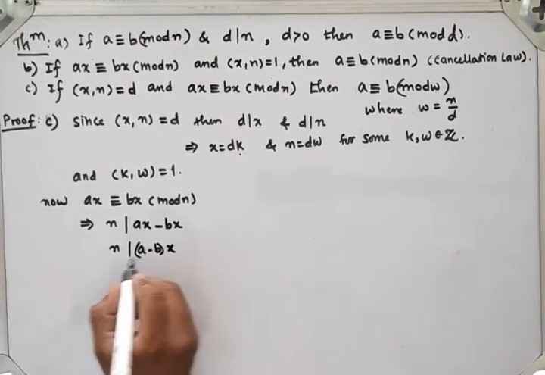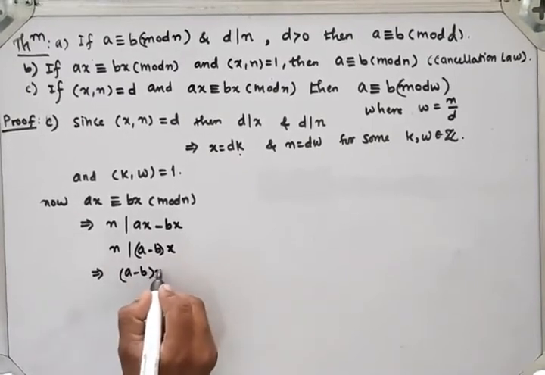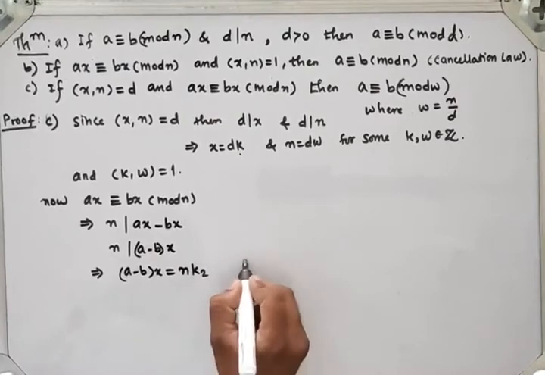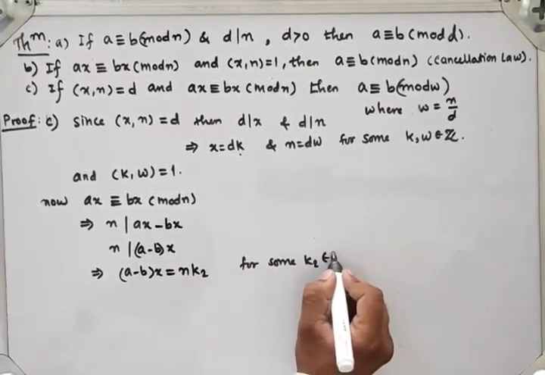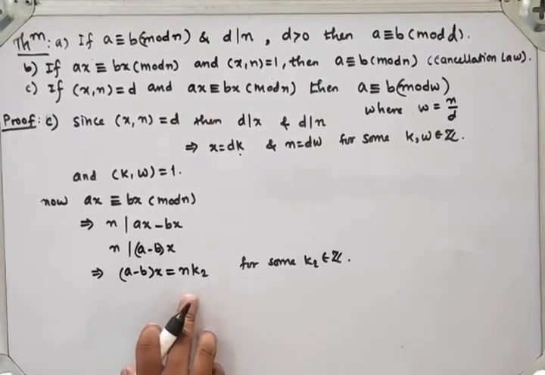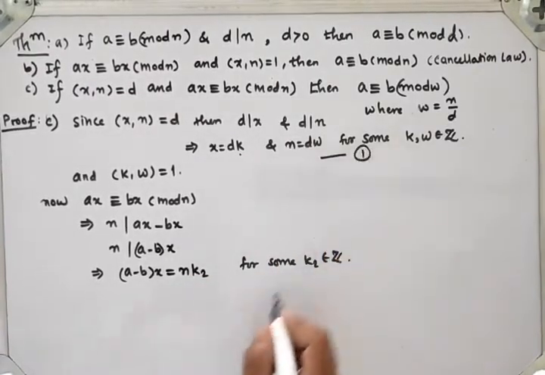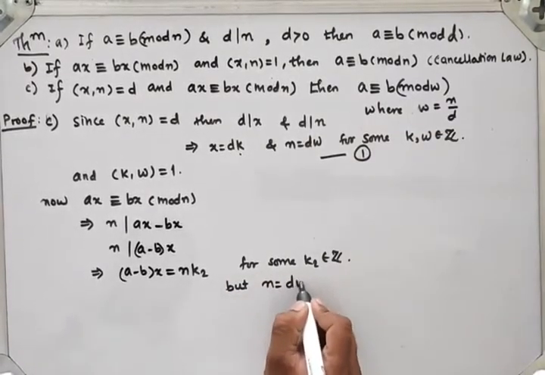So by using the definition of divisibility, a minus b into x is equal to n into k2 for some k2 belonging to the set of integers. I will write this as equation number 1. But n has value d into w.